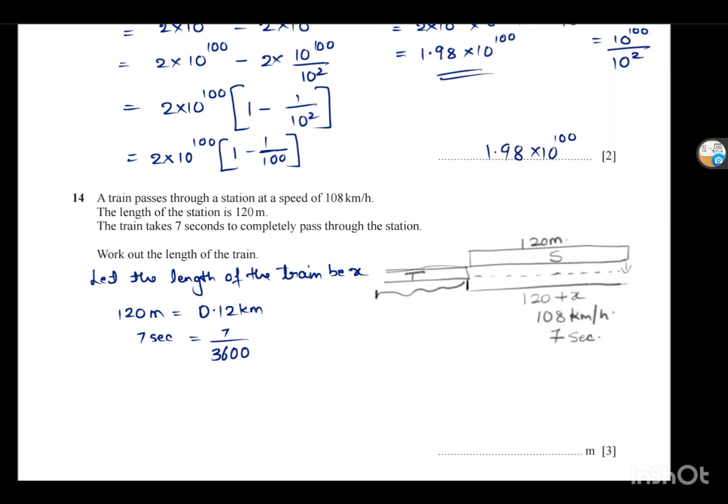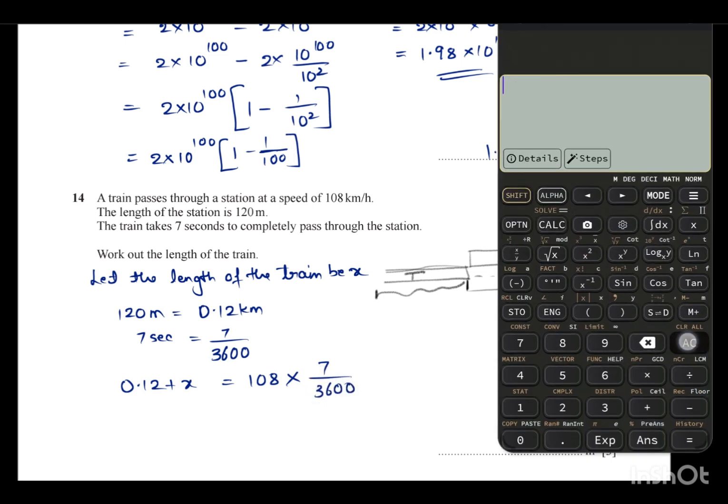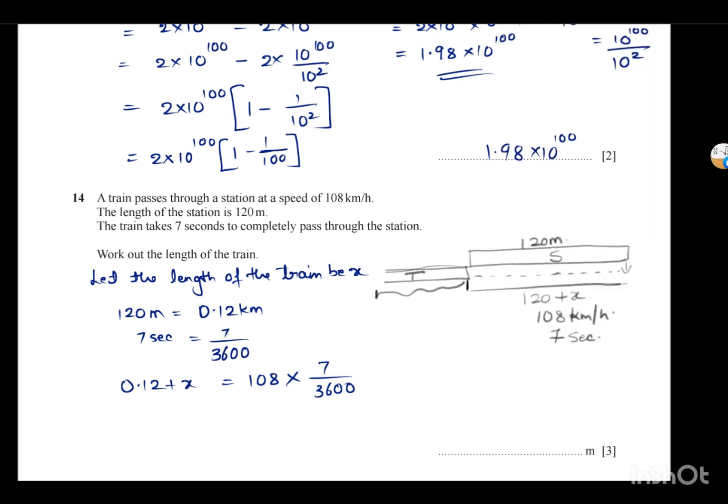Now distance is 0.12 plus x is equal to speed into time. Speed is 108 already in kilometers per hour, into time is 7 by 3600. 108 into 7 by 3600, we got 0.21.